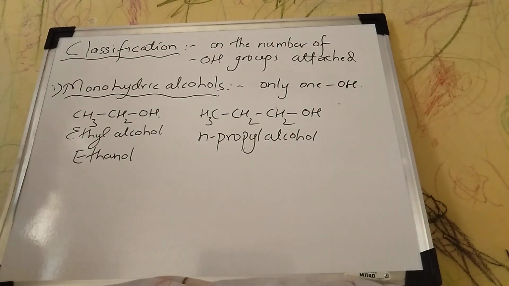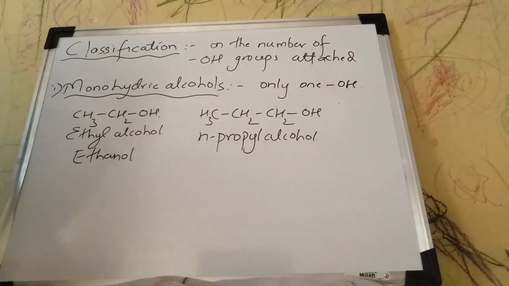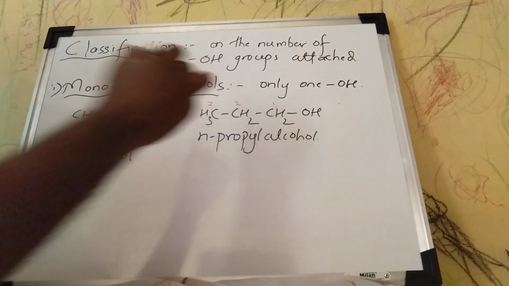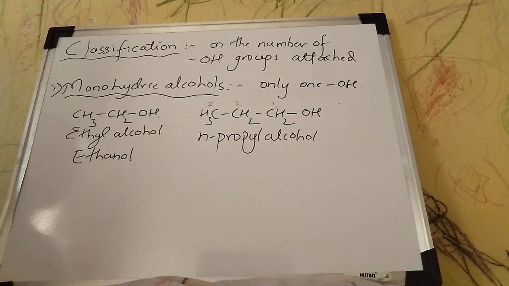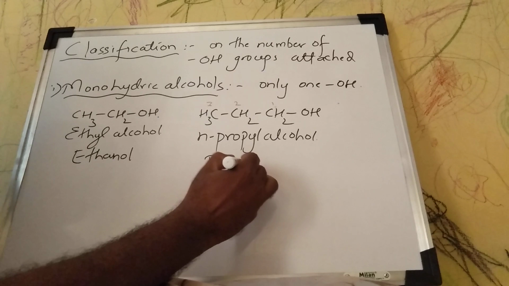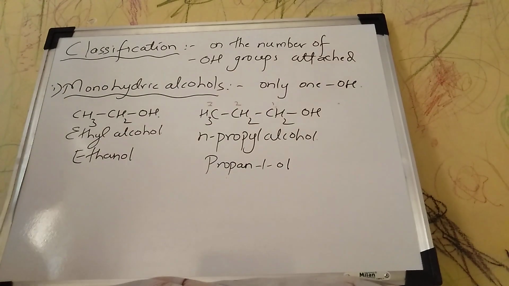Now in the IUPAC name, as we have done in 11th standard, we'll follow the rule. We'll start naming from the functional group. This will be the first carbon atom, this is the second, and this is the third. So 3 is propane, say propan, 1-ol.